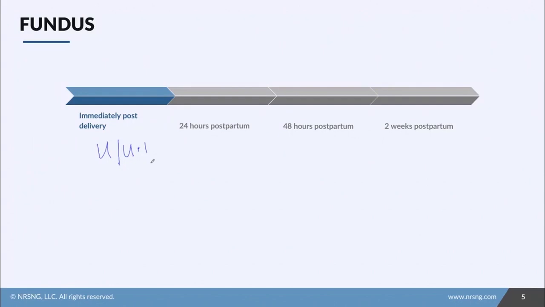And then it's going to slowly move down thereafter. Now we are 24 hours postpartum. When we hit 24 hours postpartum, the fundus should be palpated at U-1. The uterus should contract down 1 finger breadth every 24 hours, okay?